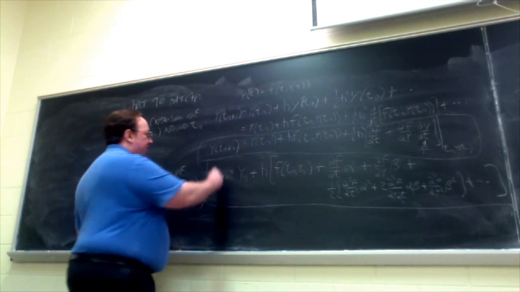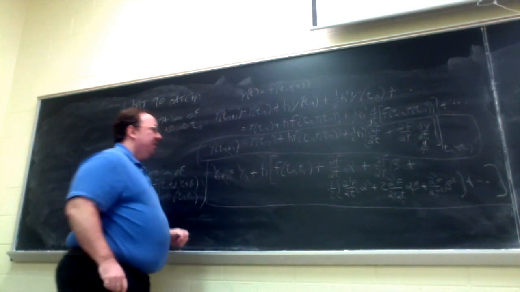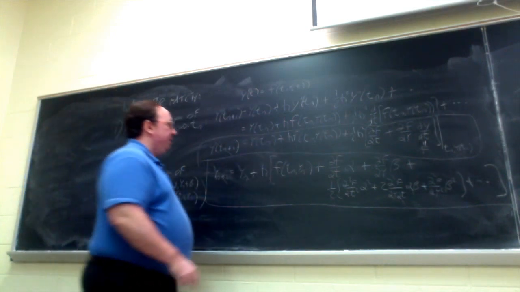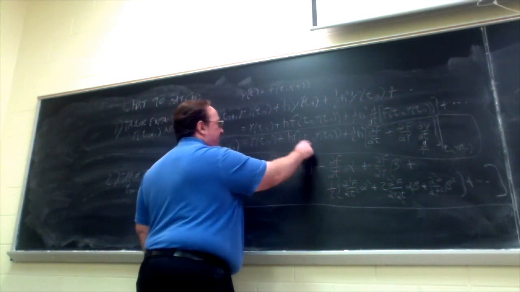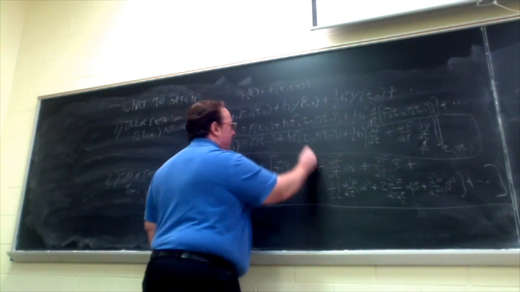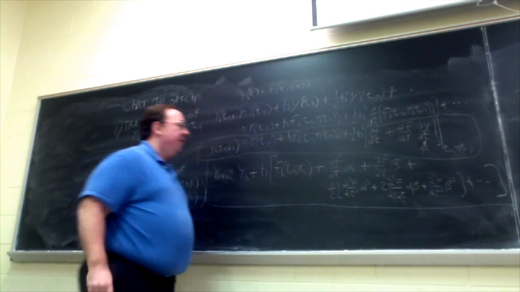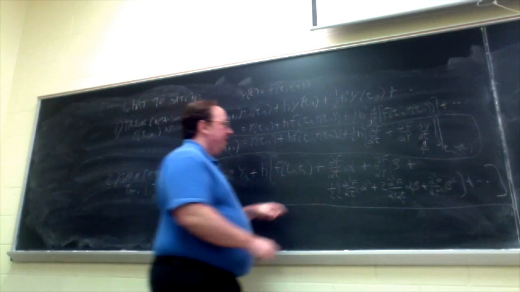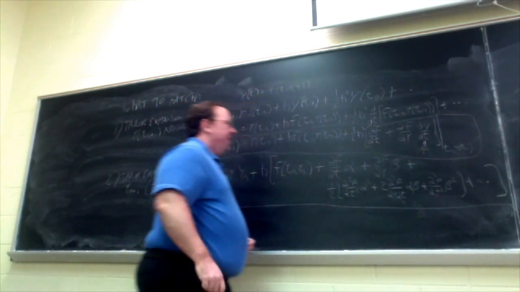So for instance, these terms already match. There's no need to examine those. Here we have h f of tn, yn. Here h f of tn, y of tn. So these terms already match also, so there's no need to look any further at those. So it really boils down to these terms right here matching up against these.